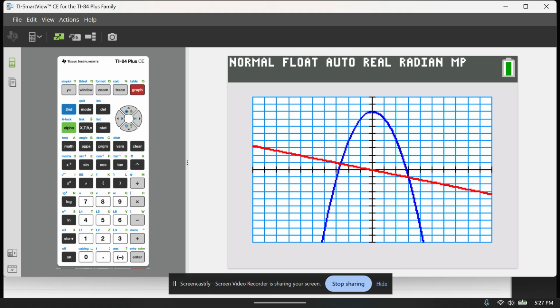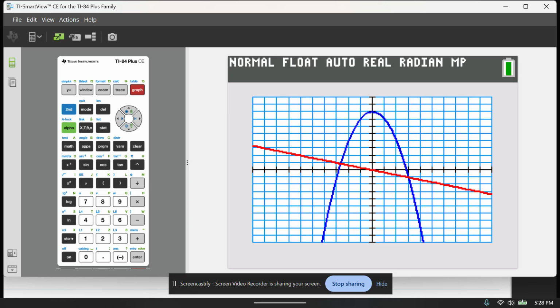All right, I see them crossing in 2 places. So that means I'm going to get 2 answers out of this. Looks like one of them's kind of at an in-between spot, so that's okay. We can get a decimal answer, not a problem. And then one of them, it looks like it's close to a good spot. I don't know if it's exactly on it, but it's real close. So I'm going to find those.